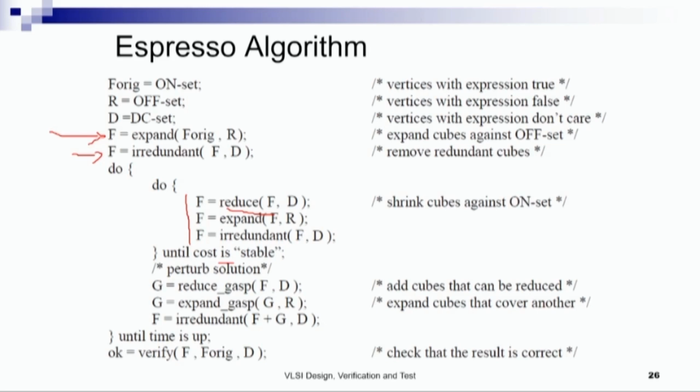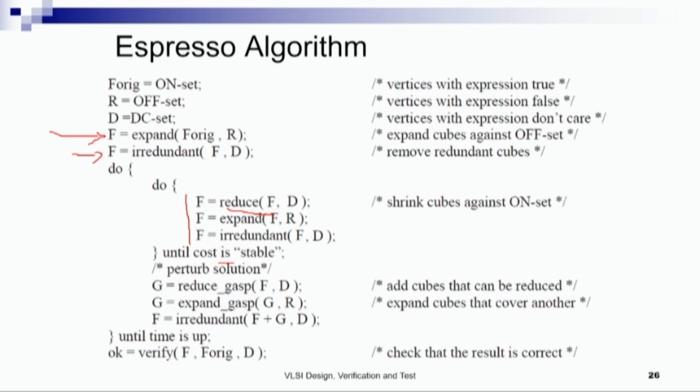Next, a simulated annealing type approach, as we discussed, is applied. The intermediate solution is perturbed by adding new cubes. These are subcubes of existing cubes which are not covered by other cubes. This is what reduce gasp does. The new set is then expanded. Then the redundant cubes of the union of the new set and the intermediate solution are removed.